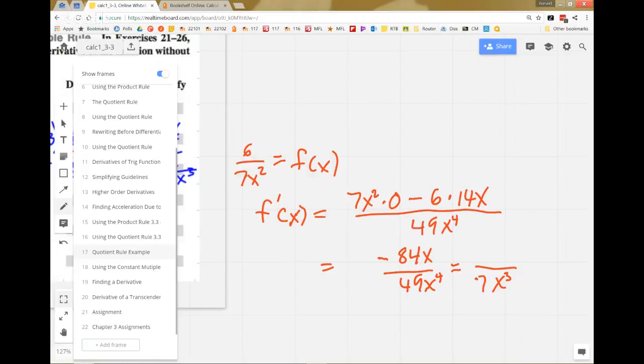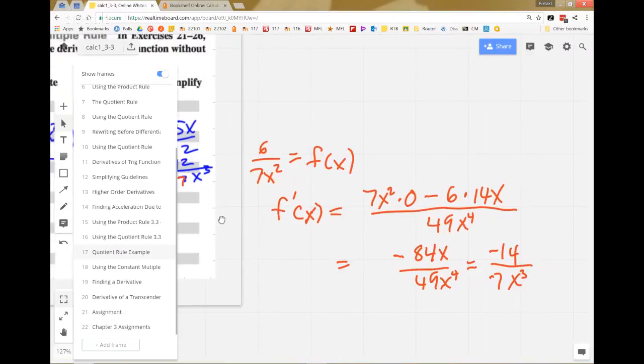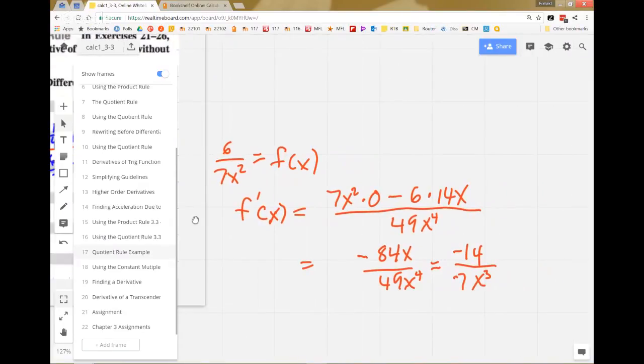And then what you get on the top should be, if you divide by 6, negative 1, 24, 14. Okay, what do we have here? 6 goes in that 1, 24, 6.